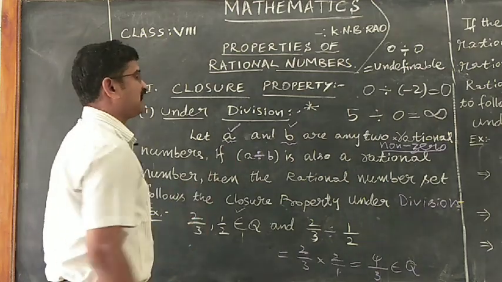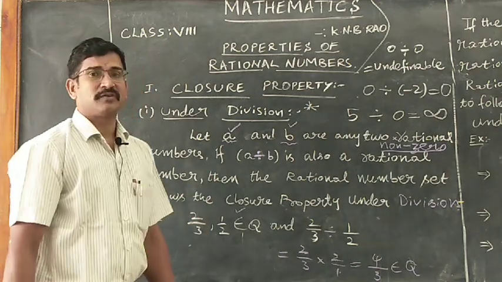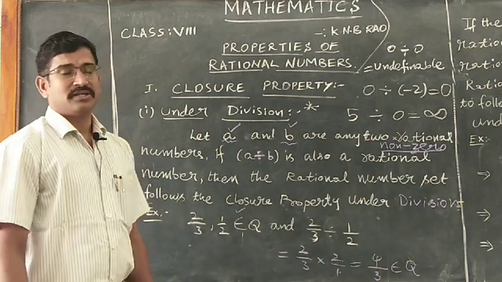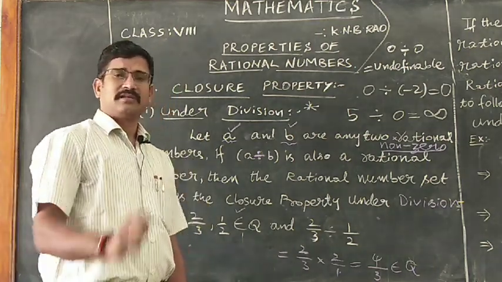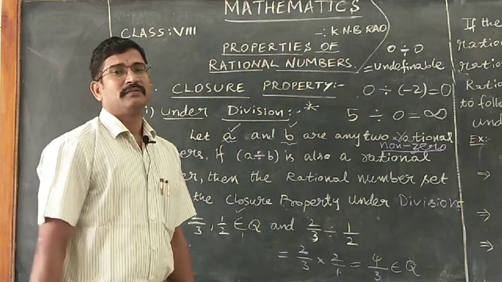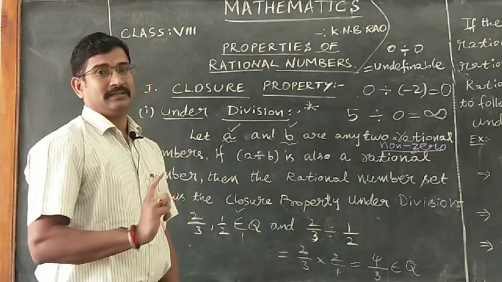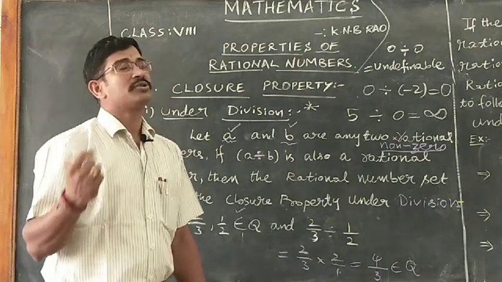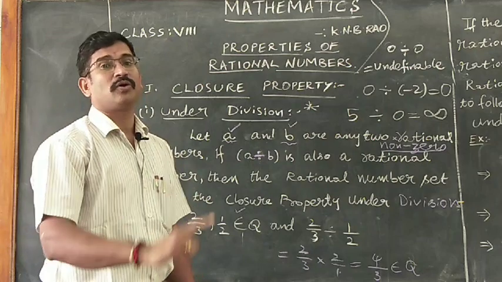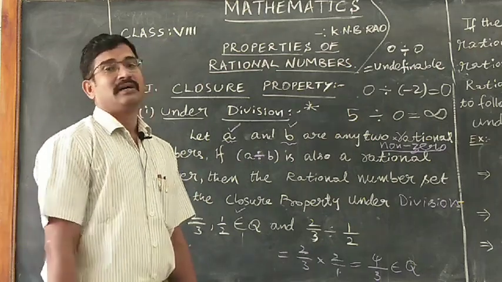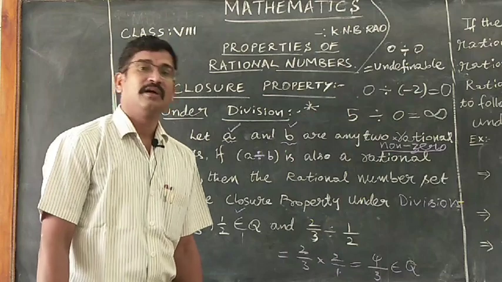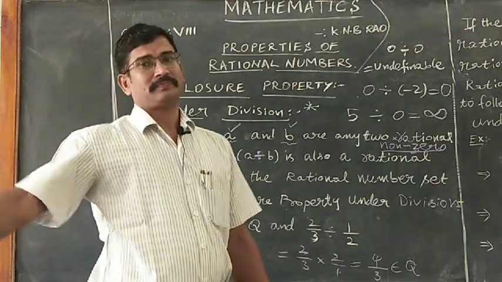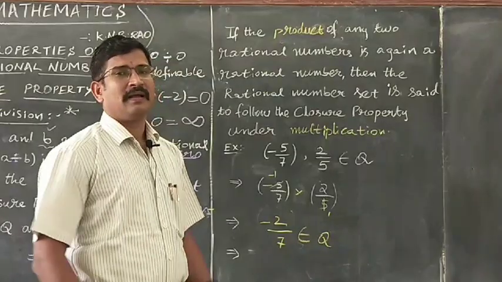So, what will be the changes in generalized form? You have already written it for addition, subtraction, multiplication. Little changes you can watch. The result of division is called the quotient. If the quotient of any two non-zero rational numbers is again a rational number, then the rational number set is said to follow the closure property under division.